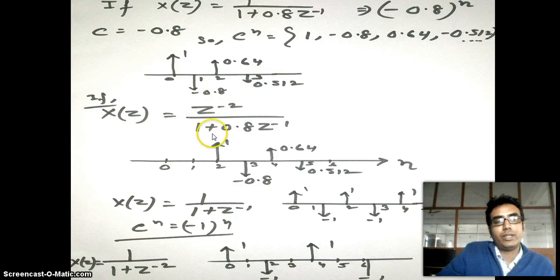And in a similar way, if you find the inverse z transform of z to the power minus 2 by 1 plus 0.8 z inverse, then everything will be similar to the previous one, but there will be a shift of 2 steps. Okay, so now you can find the inverse z transform of 1 by 1 minus z inverse. So the value of c will be 1 and the signal will be like this.